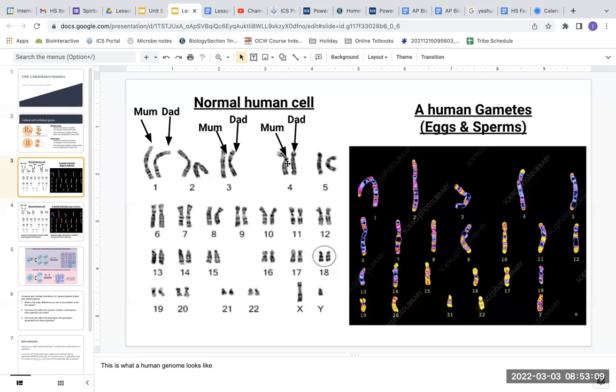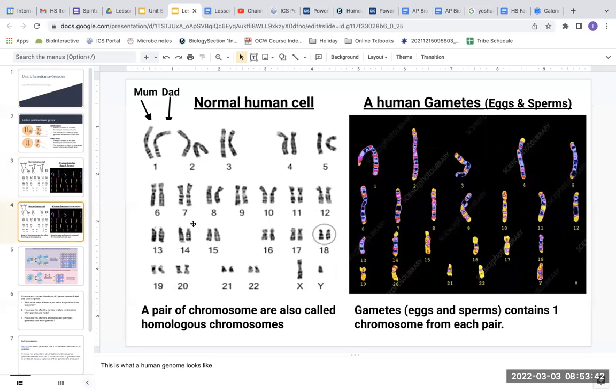Same thing happens with males. When the males produce sperms, the chromosomes are going to be halved. So it would put one chromosome 1, one chromosome 2, one chromosome 3, etc. into his sperms. So that when the eggs and the sperms come together and fertilize each other, the egg's going to have one chromosome 1, the sperm's going to have one chromosome 1, and together you can make a new baby that has a complete set of chromosomes.